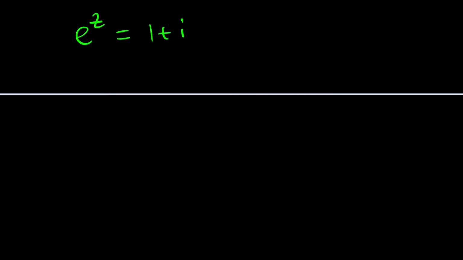Something to think about is when you find the natural log of a complex number, usually Log with a capital L is used for the complex logarithm. I think a lot of people are used to that notation, so I'm going to try to get used to it.